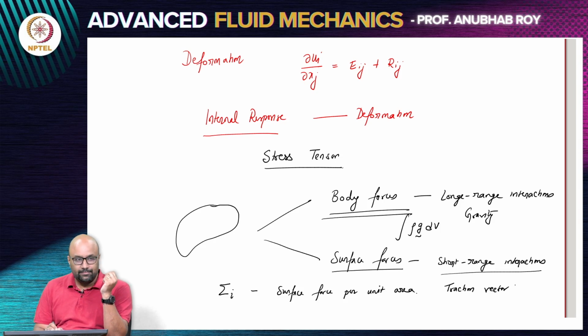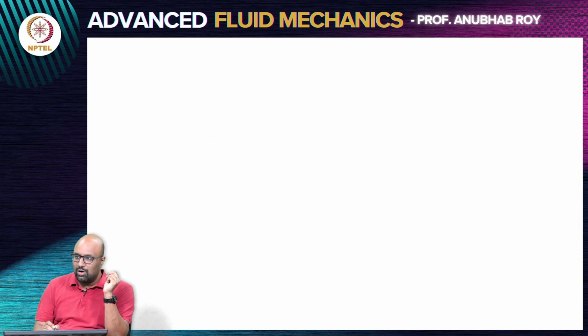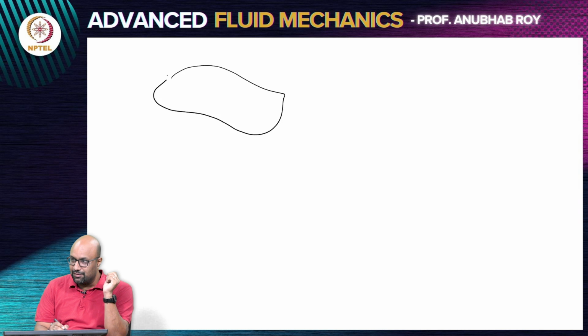It's a vector, so it has three components. So at any point on a surface, this gives me the forces per unit area. So now we want to do a force balance. We want to study a force balance of an element of fluid, and how we are going about doing it. But before that, if we think of any surface, I'll draw an arbitrary surface.